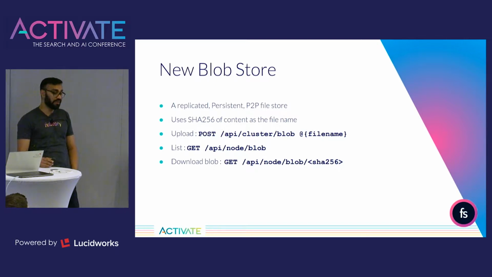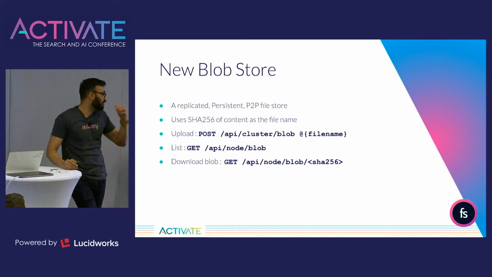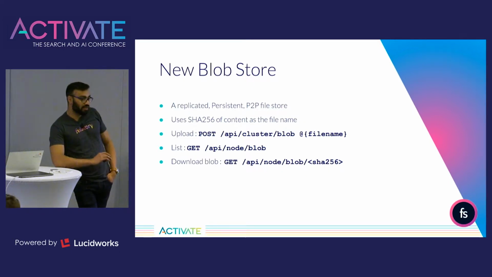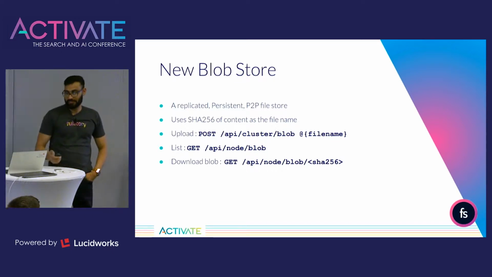Because it's peer-to-peer, you don't have to download from one node and overwhelm that particular node. You can list the jars or blobs available using a list command, or you can download a blob with this API. We don't have a V1 API; it's all V2 APIs.